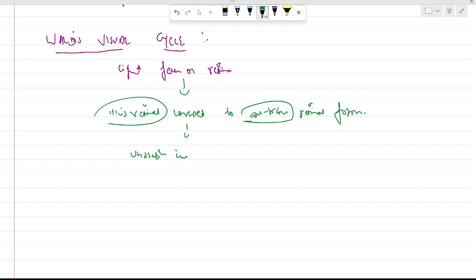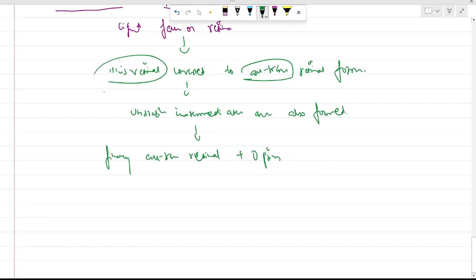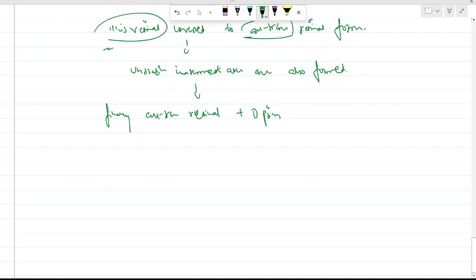And also with this, unstable intermediates are also formed. So finally, as 11-cis retinal detaches from the opsin, all-trans retinal combines with opsin and this complex is formed.